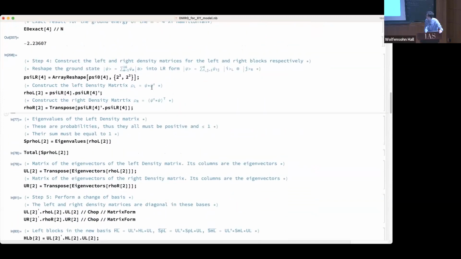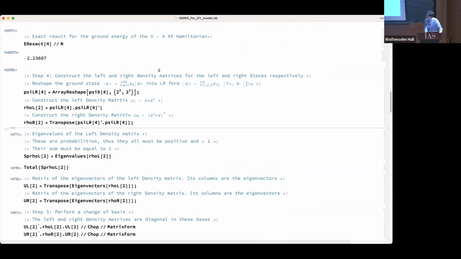First, in Mathematica or in any numerical language, when you diagonalize the superblock, if you build it as a big matrix, though if you want to speed up you should not do this, you'll get one big state, which in this case for 4 sites has 16 indices. But then you have to reshape your state into left and right form, psi ij. This is done by the function ArrayReshape.